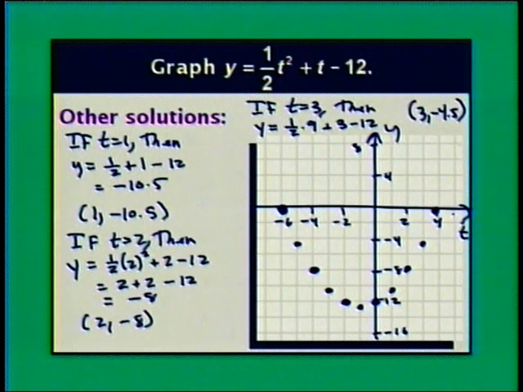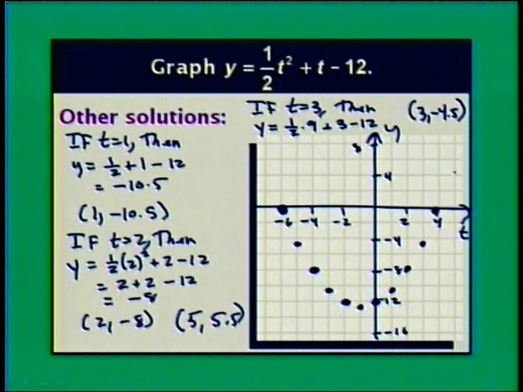Last thing I really have to check is what happens when t equals 5. So let's see if I can do this arithmetic in my head. I have 1/2 of 25, that's 12.5, plus 5, so that's 17.5, minus 12, that is 5.5. So I'm going to have the point 5, 5.5.